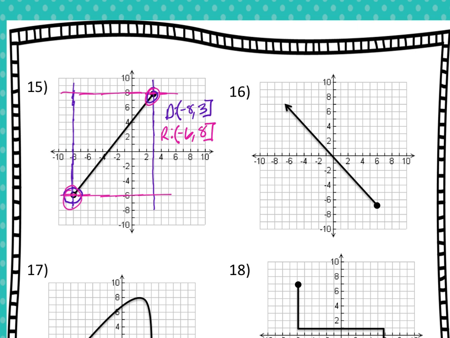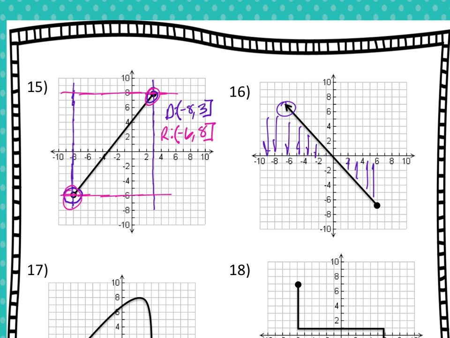Okay, and then here I have an arrow. So you can think, is there any x values that aren't used? Well, here's my x. I can only go from here over, and then here, oops, didn't mean to draw that one, sorry. The arrow goes on and on and on. There.